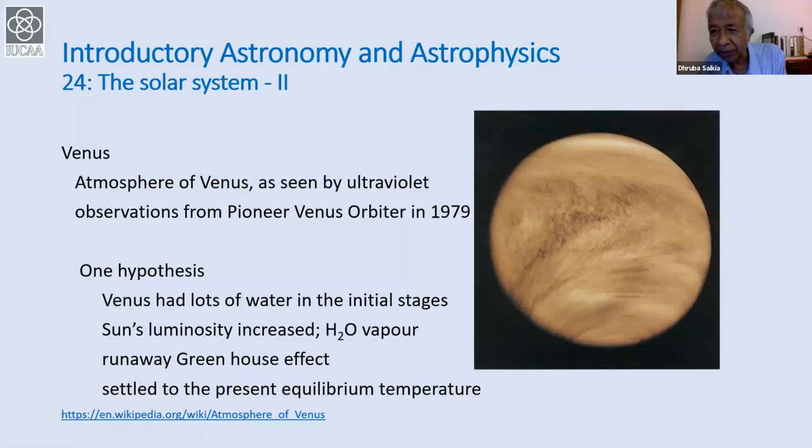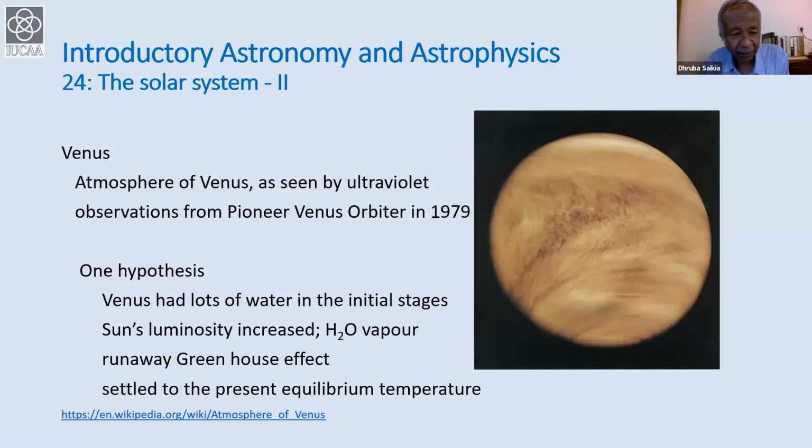But one interesting thing about the impact craters on Venus is that when we looked at meteorites hitting the Earth, we talked about the large craters, we talked about the small craters. The craters on Venus are all very large craters. And that is because only the large ones would have survived going through this atmosphere and hit the rock surface. The smaller ones would have just disintegrated while going through this thick, dense atmosphere of Venus.